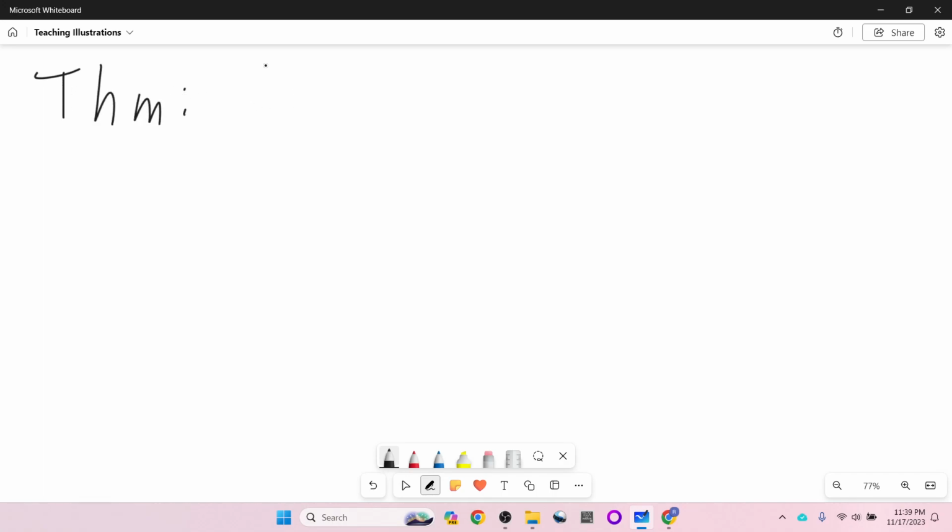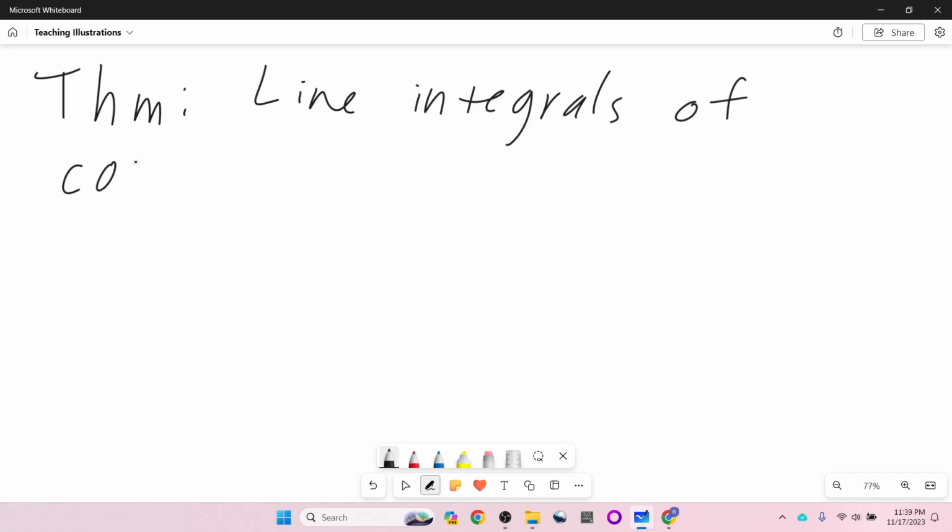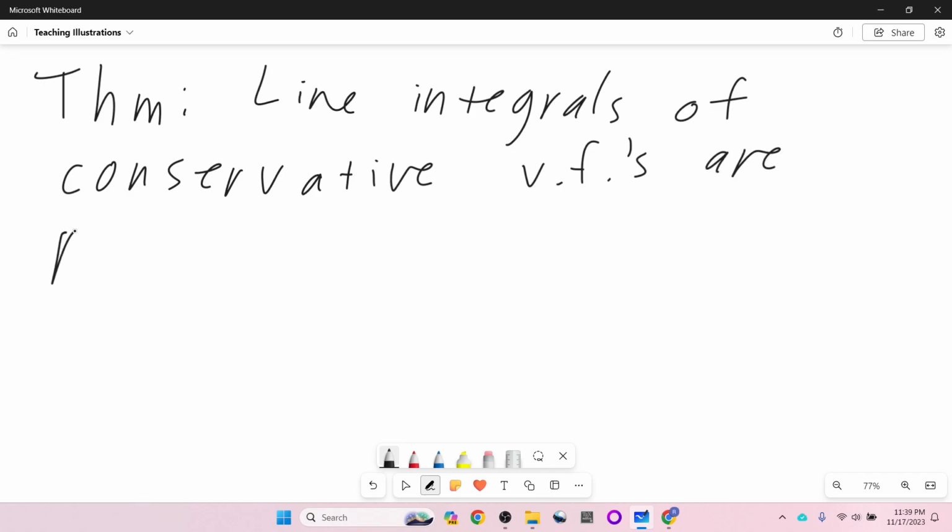that line integrals of conservative vector fields are path independent.